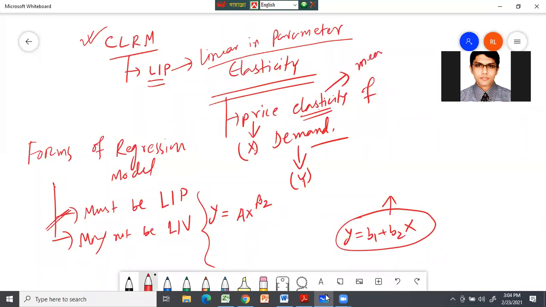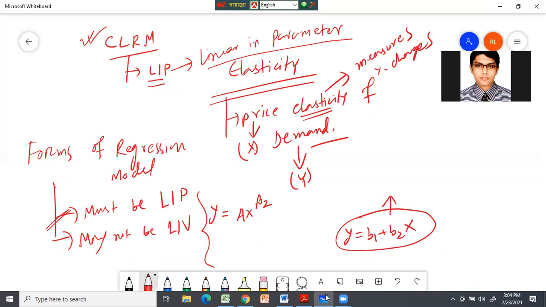Elasticity measures percentage changes in the dependent variable, which is y, due to the percentage changes in the independent variable, which is x here. So in your linear regression model, where both variables and parameters are in linear form, there is no percentage change shown.